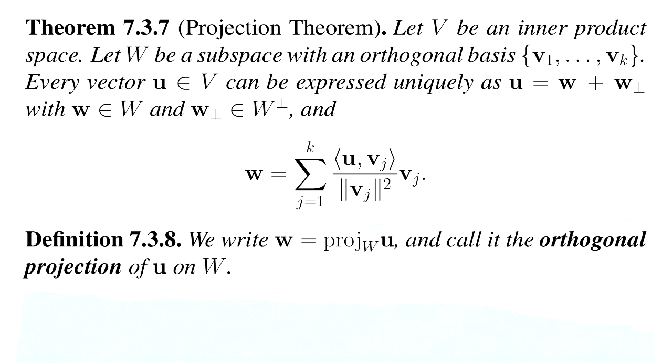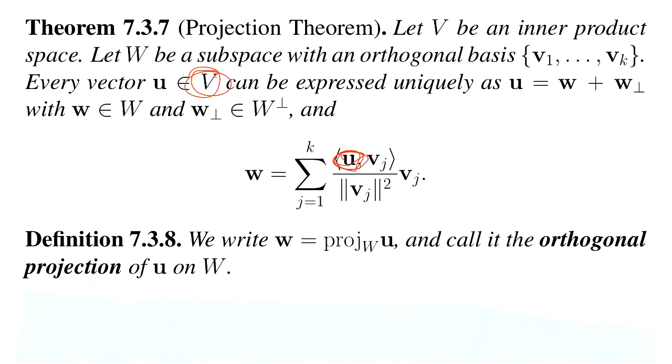Now, we give this thing a name, and the reason it's called the projection theorem is that we give this W. So you take any U in the space V, you can find this unique vector W, which we call the projection of U onto W. And it's the unique thing that when you write U as a sum of something from W plus something from W perp, it's the unique thing that lives in W. Okay?